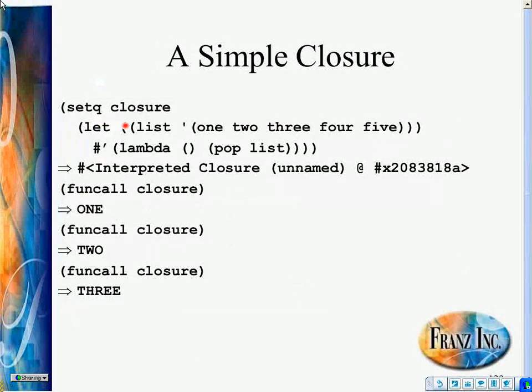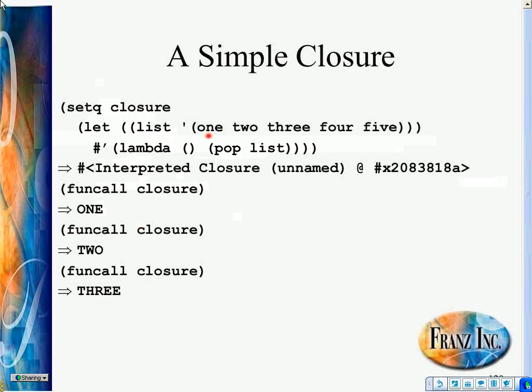Basically, you get a closure by having a variable whose value is a function object. So here, we're setting the value of the variable closure to the result of this let form here. And in this let form, we're binding the local variable list to this list, and then we define the anonymous function lambda, which pops the list. And so now, the value of closure is this function object.